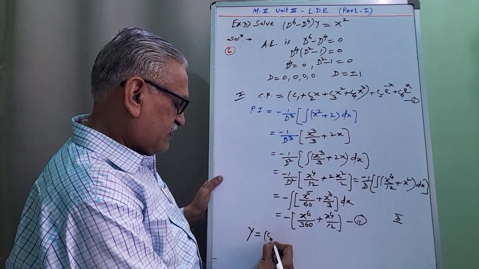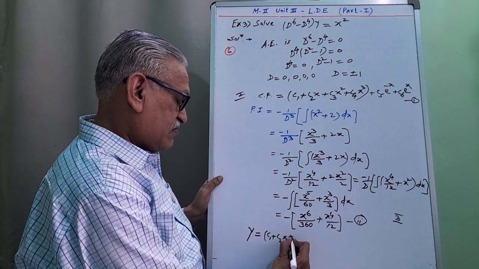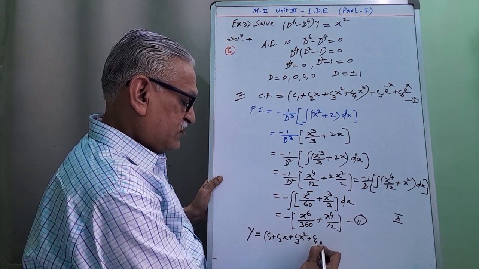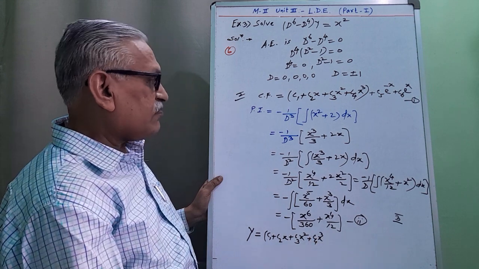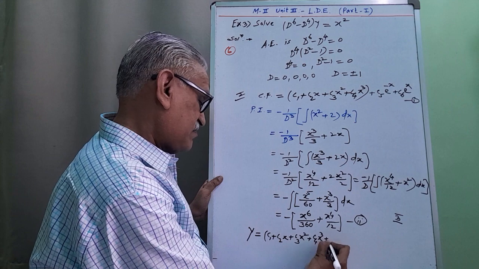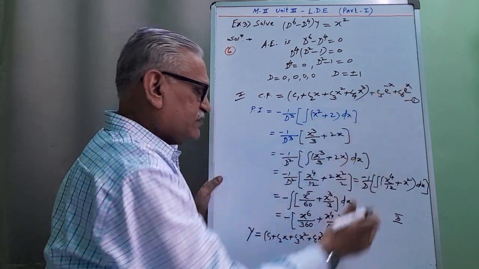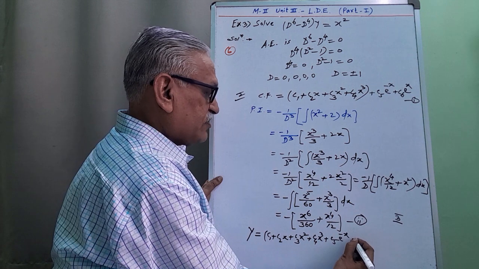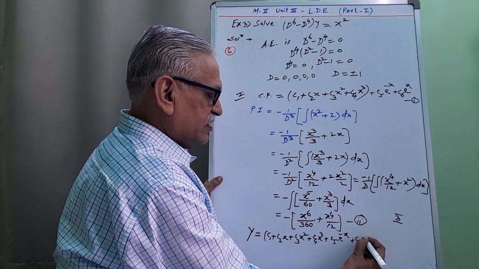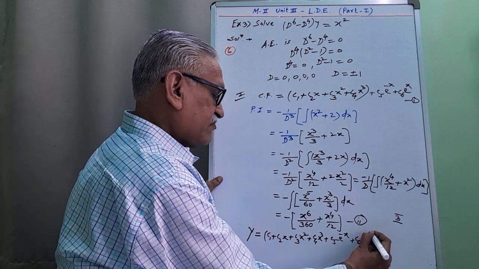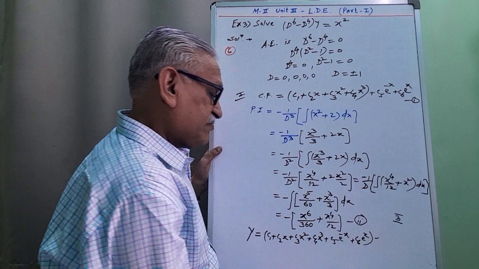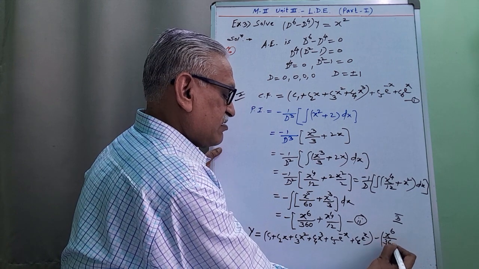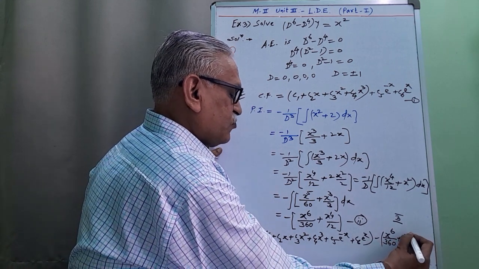Therefore, it is C1 plus C2x plus C3x square plus C4x cube, plus these two terms, that is C5 e raised to minus x plus C6 e raised to x, and this minus x raised to 6 by 360 and plus x raised to 4 by 12.